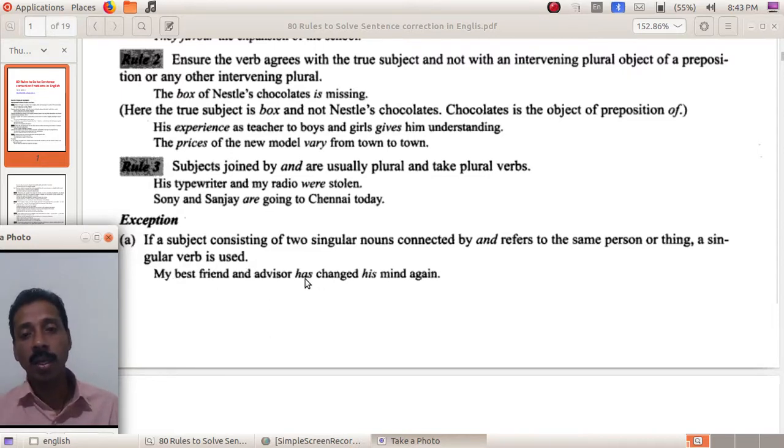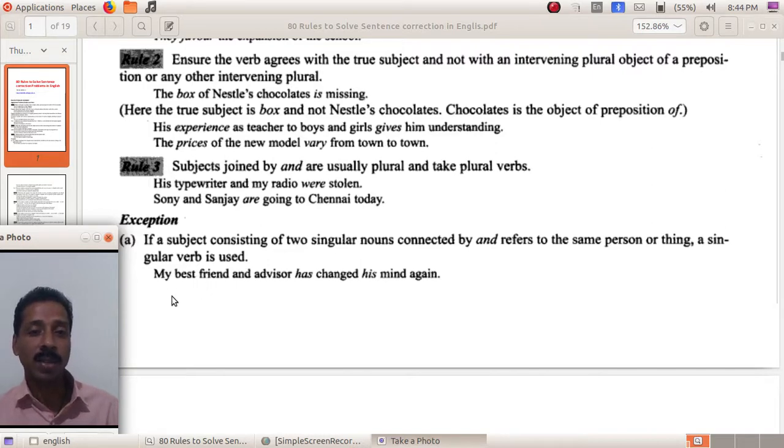So, in order to show that it is the same person, a singular verb is used. But if it refers to two persons, one is his best friend, the other one his advisor, then what will be the change? My best friend and advisor have changed their mind again. That means two people are there. Understood?